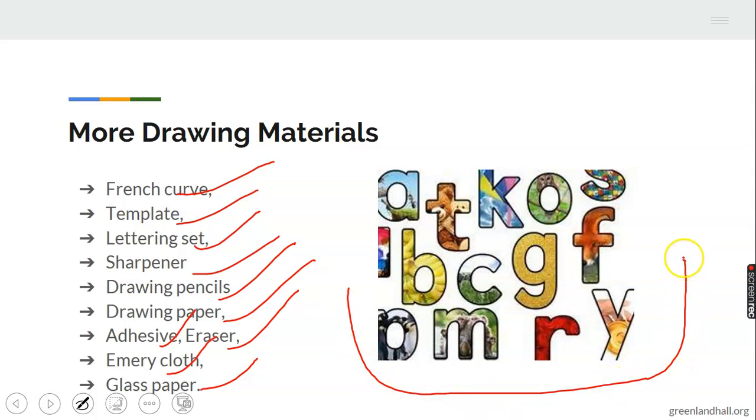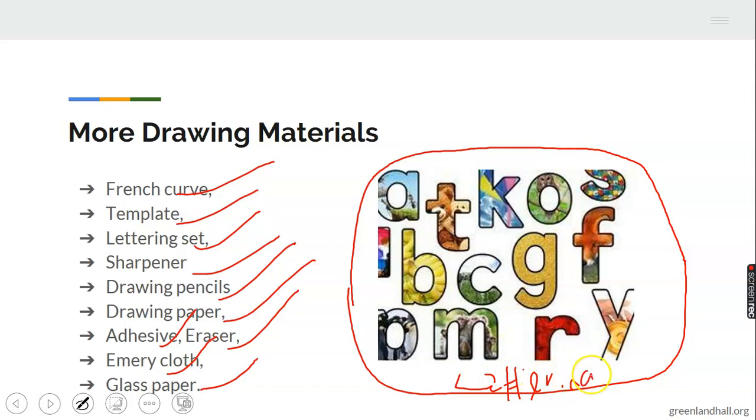Good. It's a lettering set. You can use it to cut out letters of the alphabet A to Z. You can use small letters, or big capital letters.